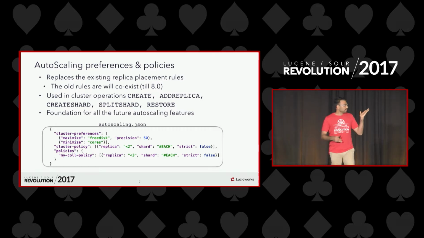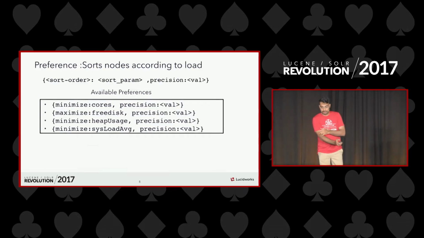What you see is a sample autoscaling.json. This is how it looks. And there are commands to actually create this. I'm not going to explain all those commands, I'll just explain what these are. There are two aspects to the rules. One is how do you tell the system which is a heavily loaded node or which is a lightly loaded node.